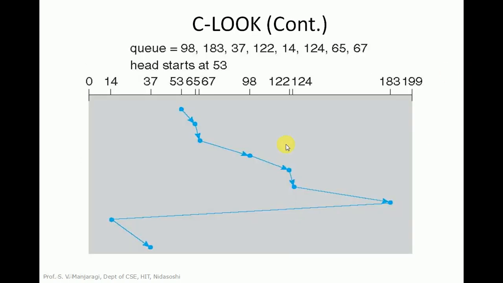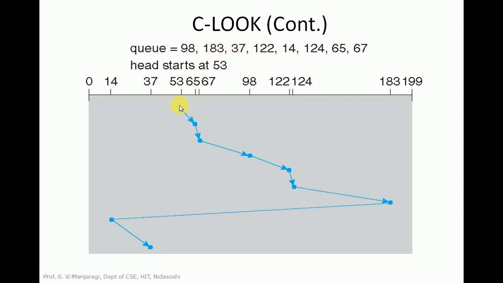Let us take an example to discuss C-LOOK here. The head starts at 53 and is moving towards the right hand side. Instead of moving the head up to the dead end, that is up to 199, it will move up to the last request in that direction. The last request here is 183.